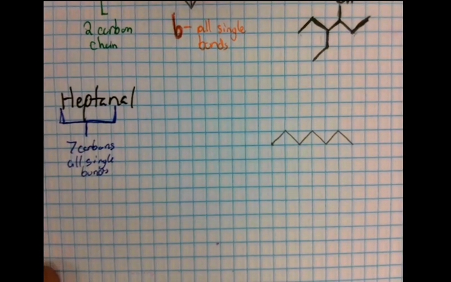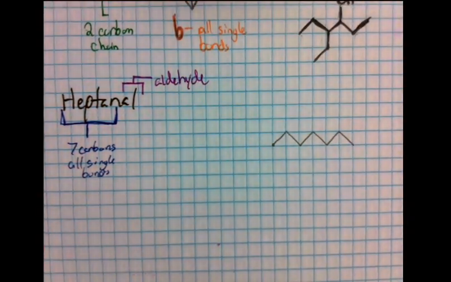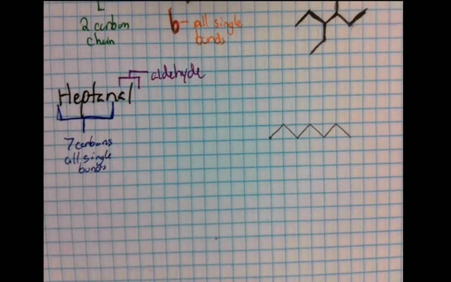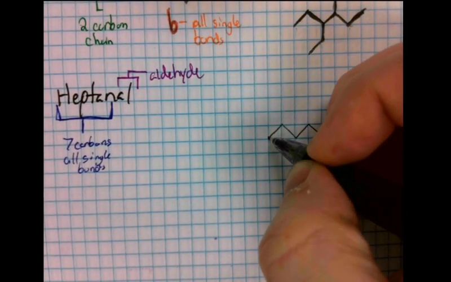And then we've got an al ending attached to it. Al stands for aldehyde. And because it's an aldehyde, and because there's no number, that implies that it's on the very first carbon.